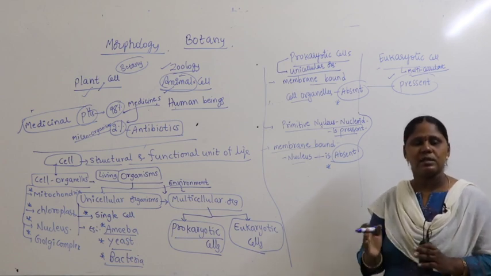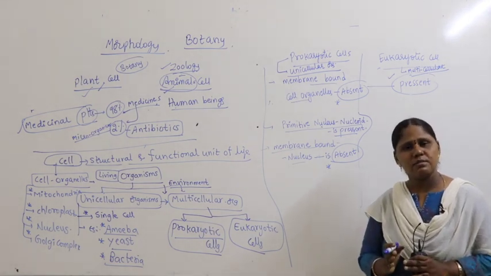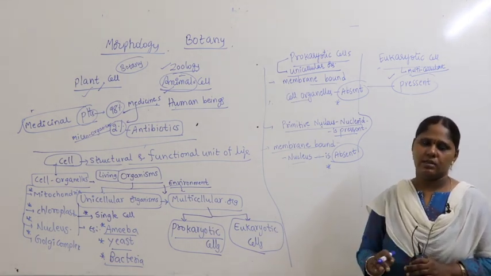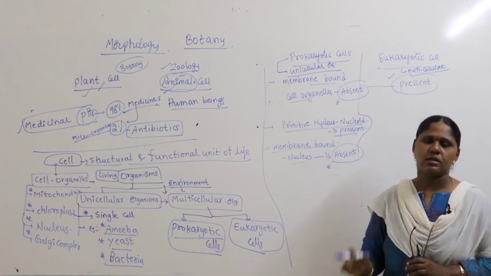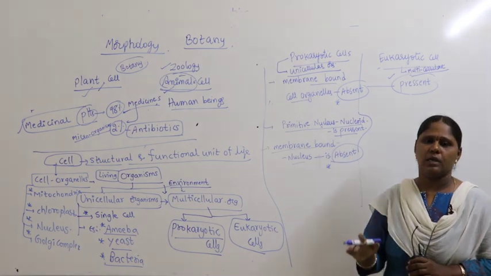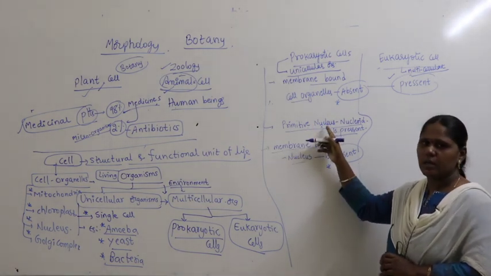Do you think prokaryotic cells lack a nucleus? No. Prokaryotic cells also contain the master of the cell. Who is the master of the cell? Nucleus. But that is the first formed nucleus, the first evolved nucleus, the primitive nucleus.